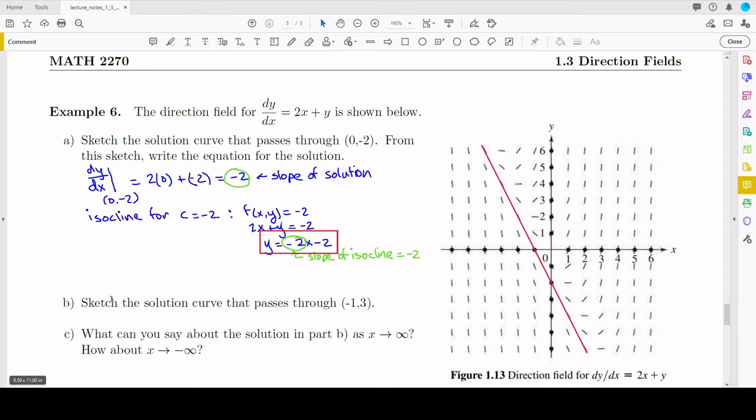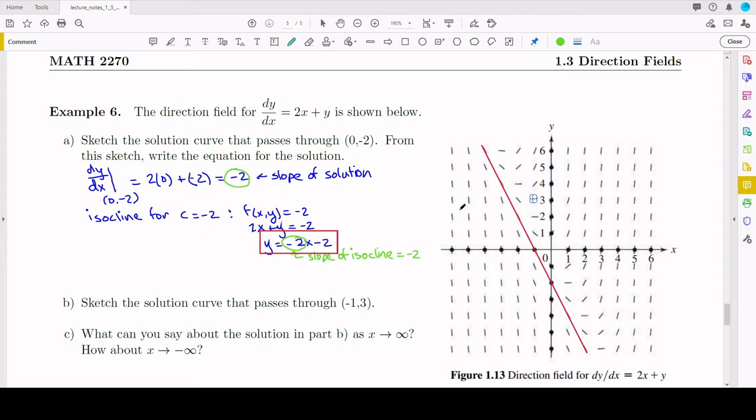Now let's take a look at sketching the solution curve that passes through negative 1, 3. So negative 1, 3 is right here.